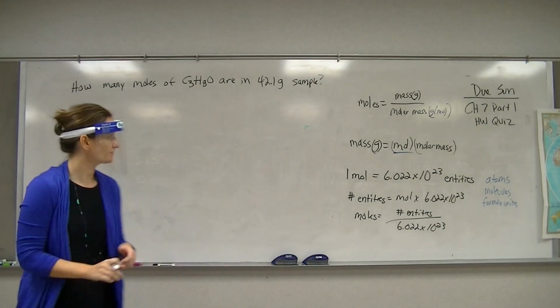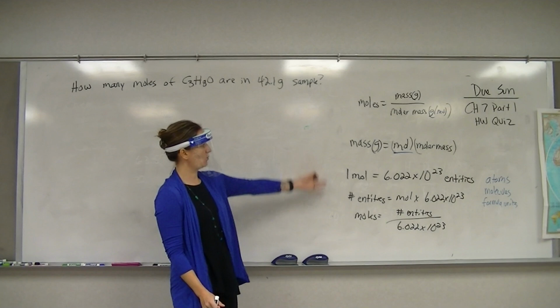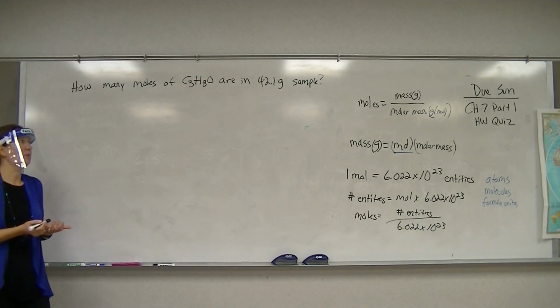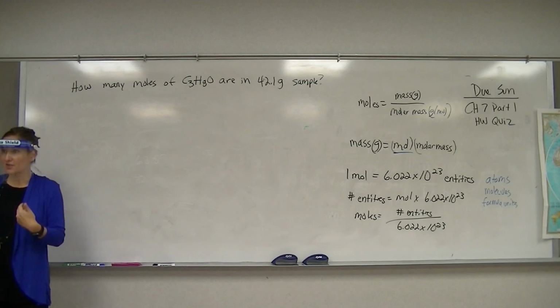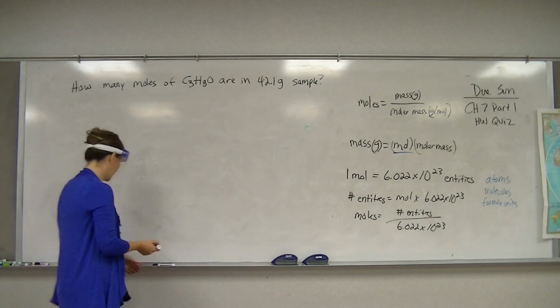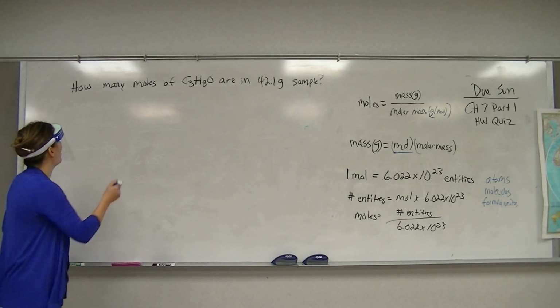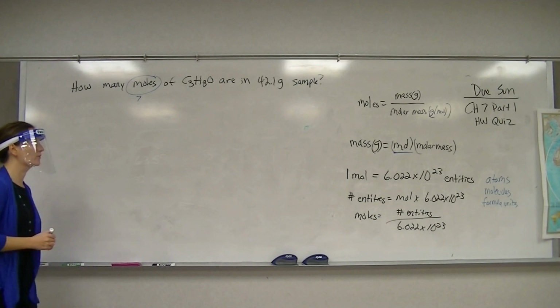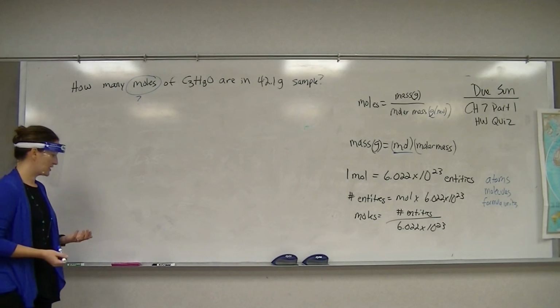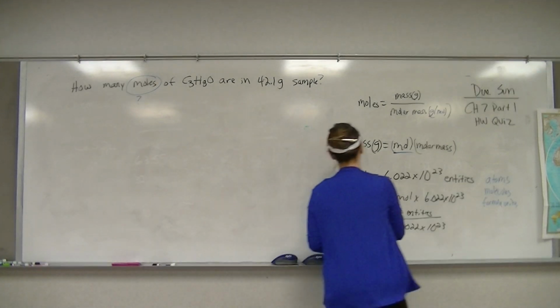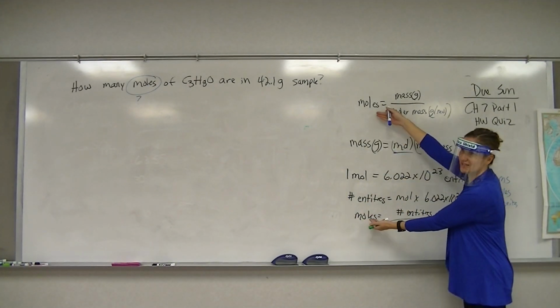Okay. So remember, we're going to be applying one of those calculations. So it's kind of like physics. I mean, it's a word problem. Let's look at what they're asking us to solve for, what information they gave us, and then pick an equation that works. So how many moles? So this is the question mark. We're solving for moles. So that narrows down our equations already, because whatever we're solving for, we want to pick an equation where moles is equal to.